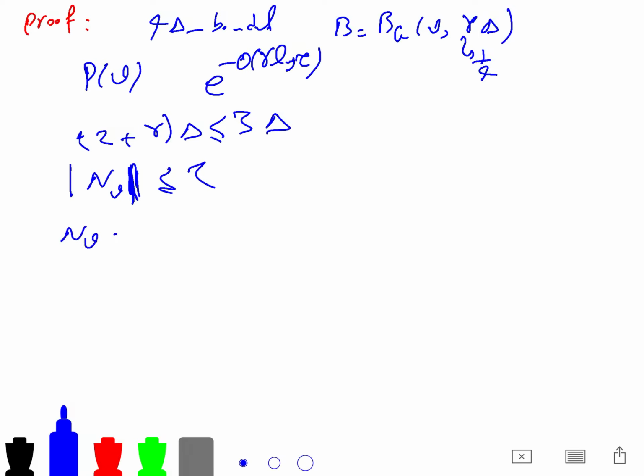So we set NV to be x1, x2, ordered arbitrarily, and we denote by Fi the event that V joins the cluster of xi, where V is in Cxi, and we denote by Ci the event that V joins the cluster, but not all of the vertices in B join that cluster.